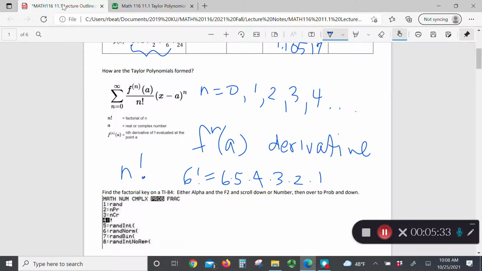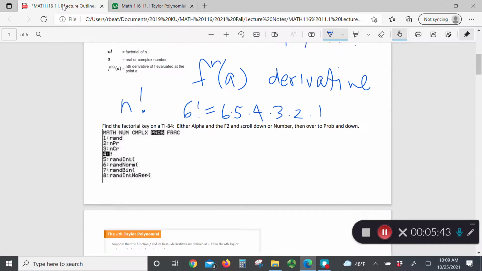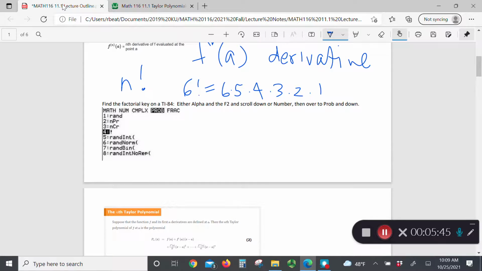And that ends up coming into that equation when we're building our coefficient of x. With your calculators, you can find the factorial in 2 different ways. The way that I know to find it is there is a math key.